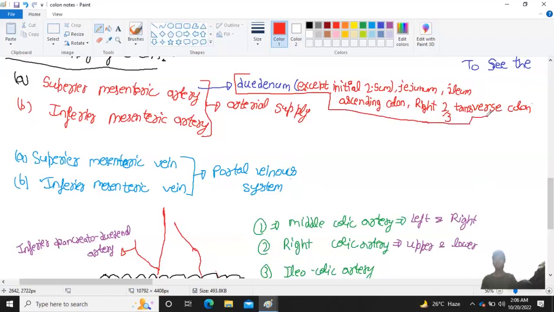Basically, this whole is called the midgut.